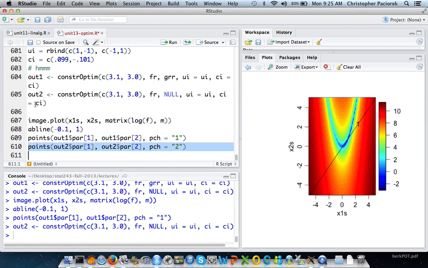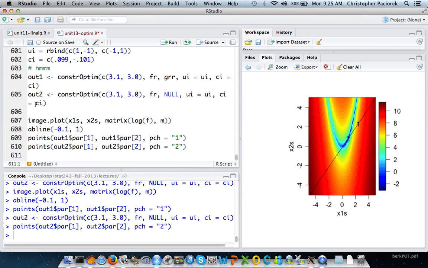But if I take out the gradient, for some reason it does seem to have worked, and it did find the minimum actually being here where it looks like the actual minimum is. So to some degree this seems to have worked, but there's still a little bit of an unexplained mystery here as to why the optimization was failing in this case. And that might have to do with starting values.